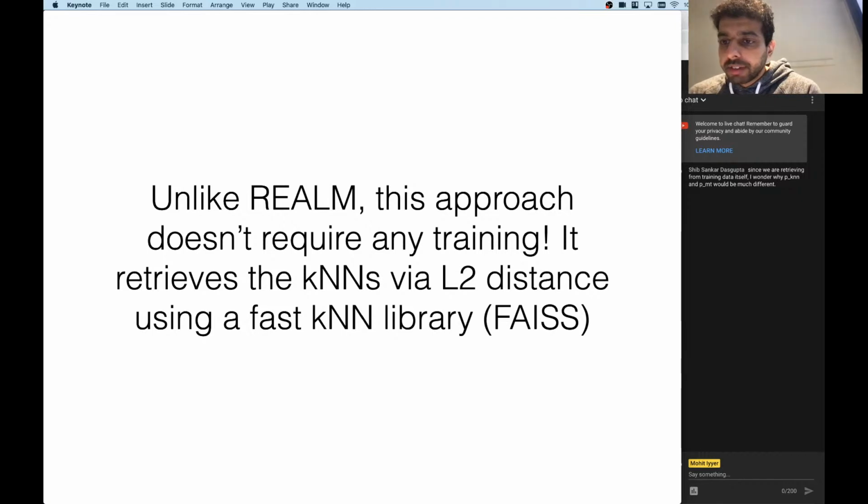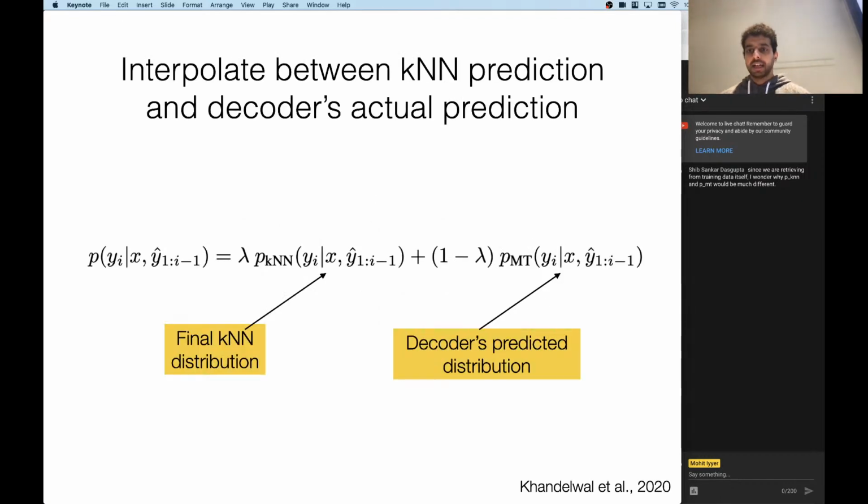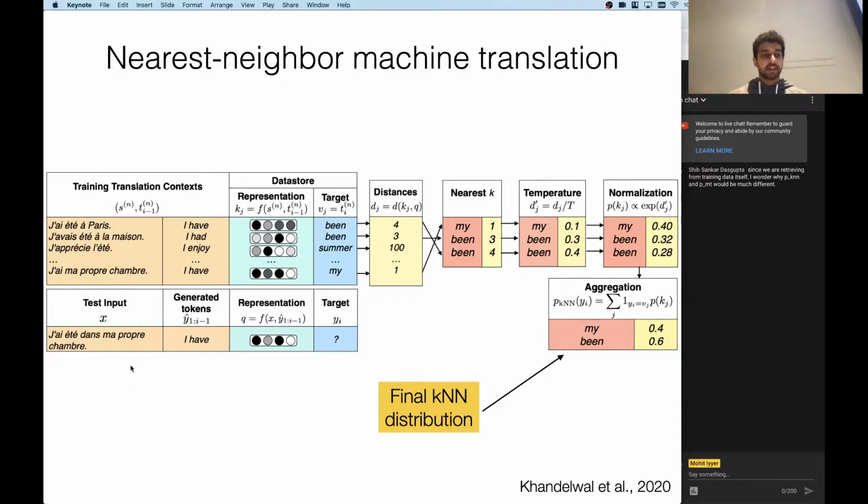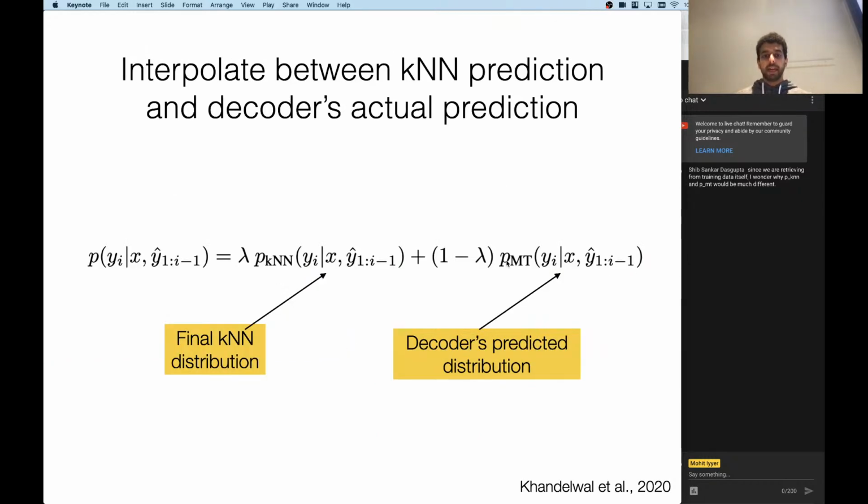Okay, we have a question. Since we are retrieving from the training data, I wonder why PkNN and PMT would be much different. So if your machine translation model has learned to generalize to novel inputs, then you might expect that these two things could be much different. Even if an entity hasn't been seen before, you might expect that PMT will be able to produce the right subwords that correspond to that entity, whereas PkNN is unable to produce those just because this hasn't been seen before.